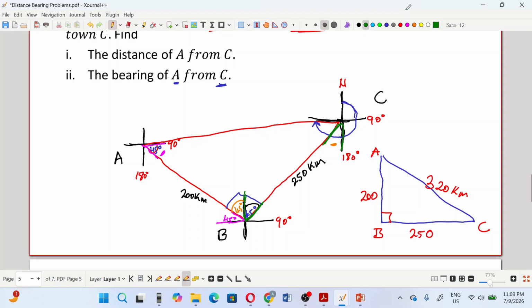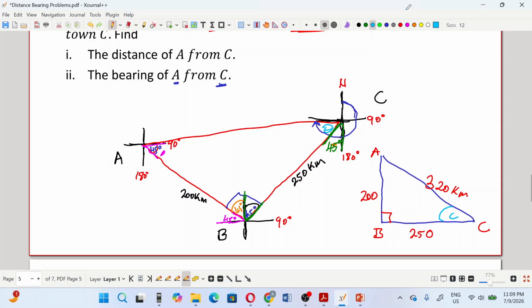They are alternate angles. Therefore, if this is 45, this angle is also 45 degrees. So now we are left with this particular angle, and let's call that angle theta, because we want to look for theta.